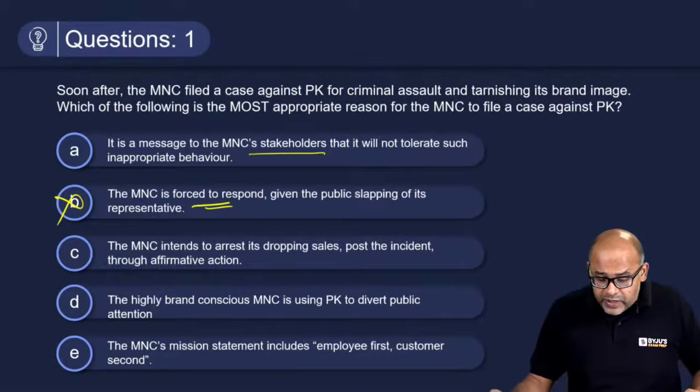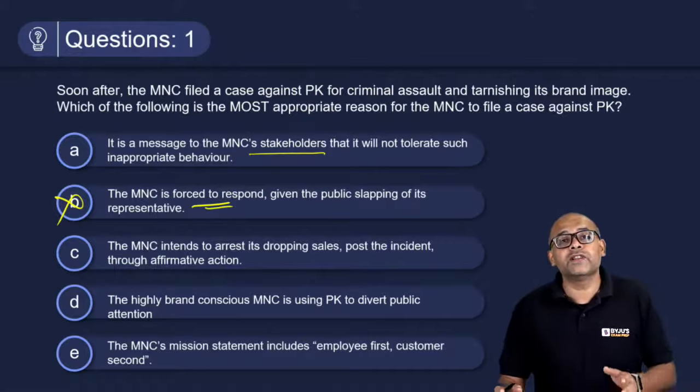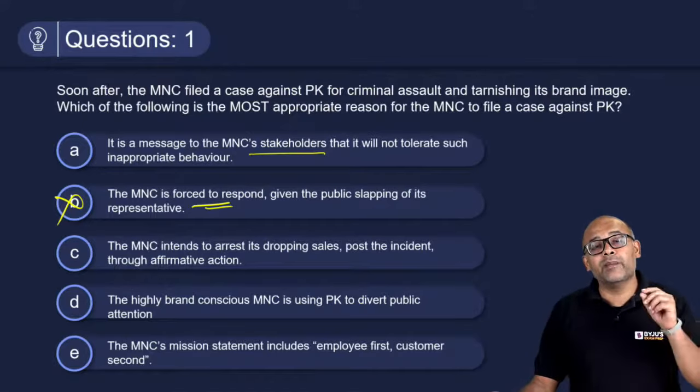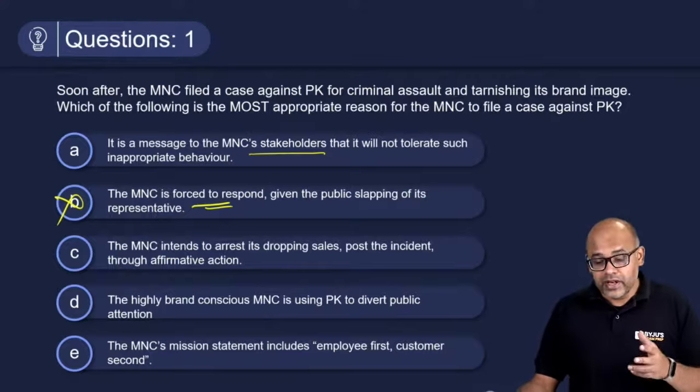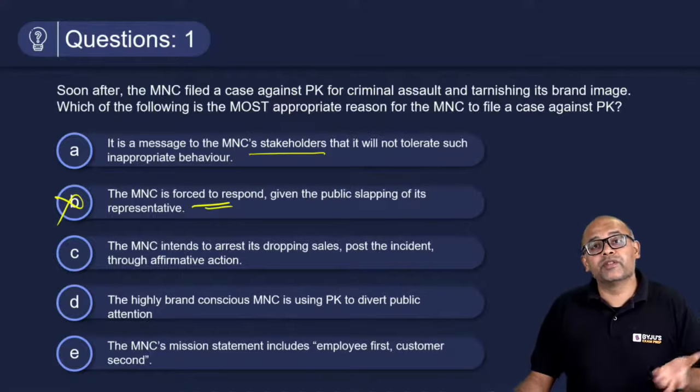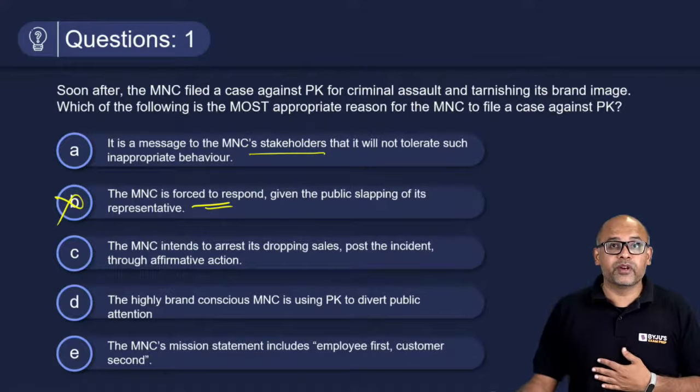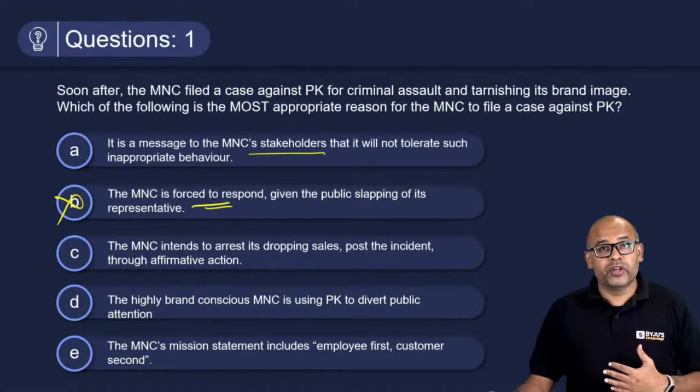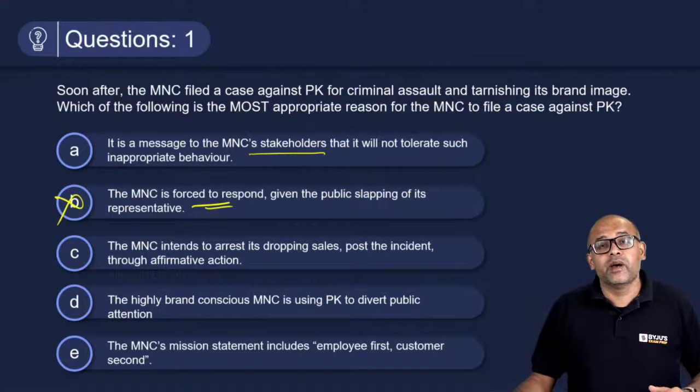The next option says the MNC intends to arrest its dropping sales post the incident through affirmative action. Guys, if the sales are dropping and I am raising a legal notice, why are my sales dropping? Simply because people believe that I have done something wrong. When I am already on the back foot, I can't go file a case, because then I will look even more arrogant.